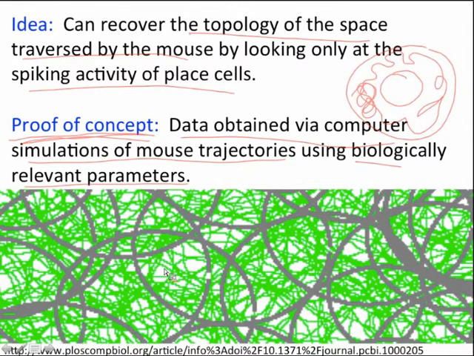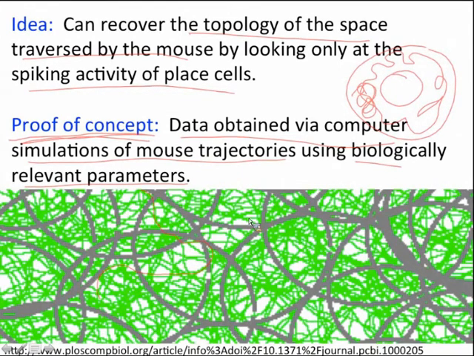In this case, they did the simulation to prove their idea. If we take a look at these mouse trajectories, in this particular case we have a mouse trajectory. These green lines are where the mouse is moving along here. I've sort of made that up, but they did a number of trajectories and then looked at creating the place cells.